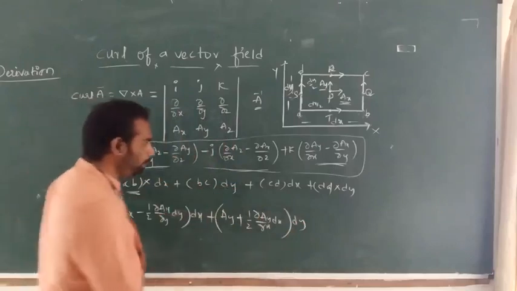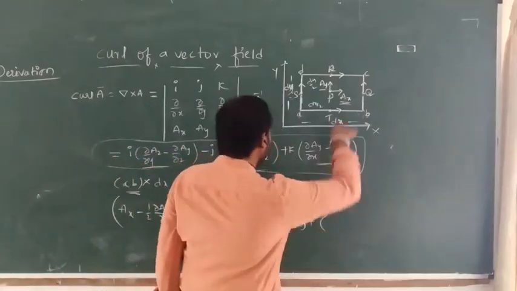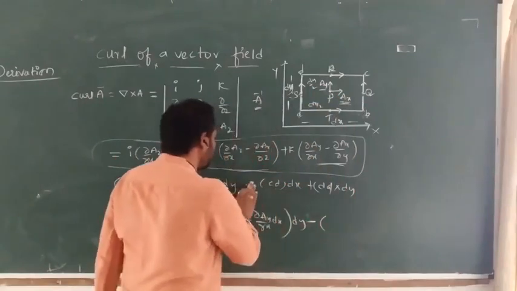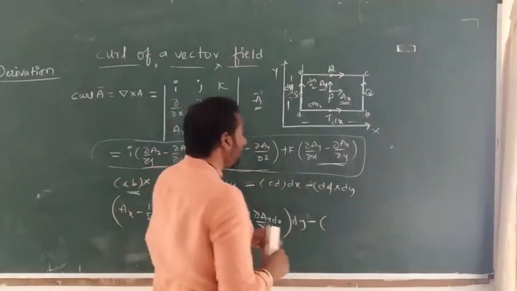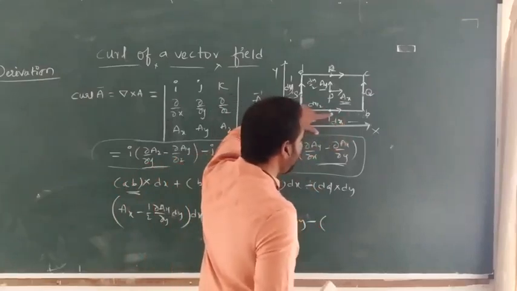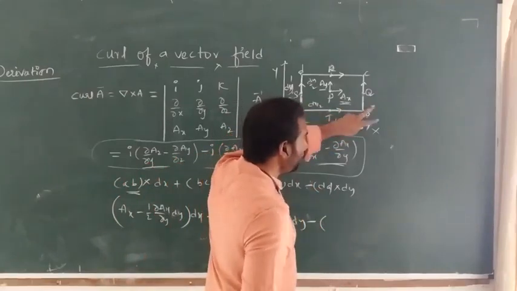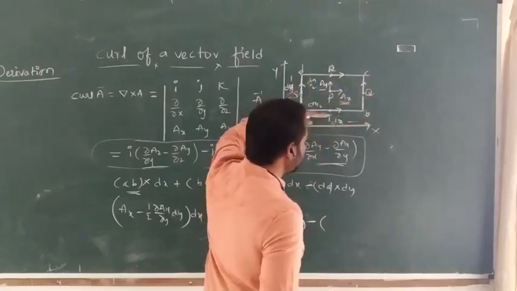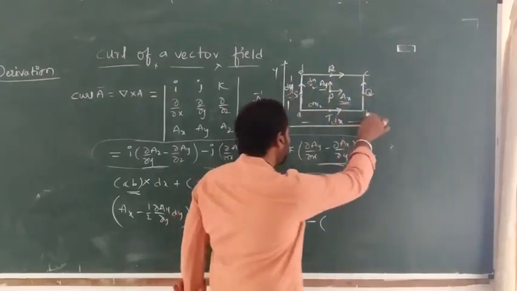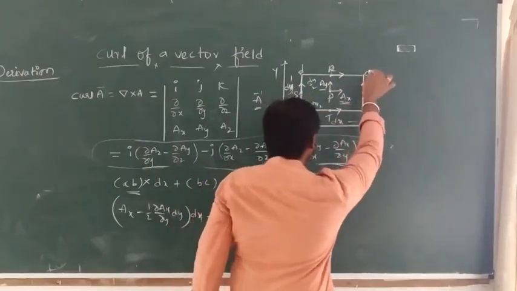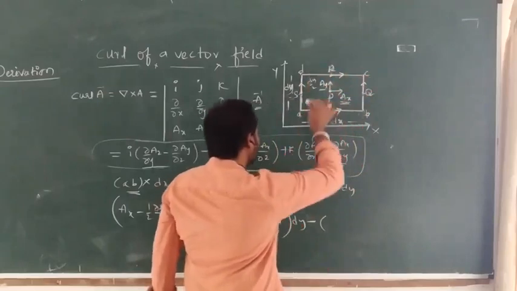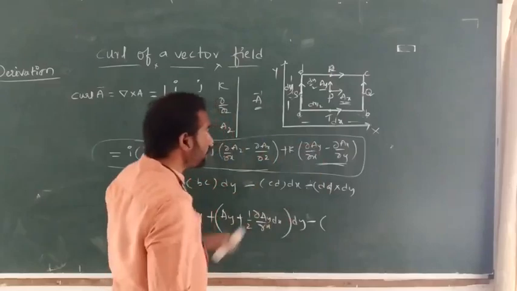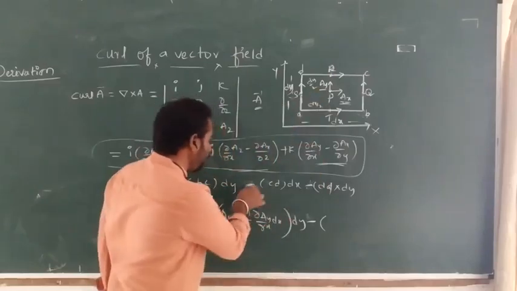Plus along CD, we are taking a minus because the direction from A to B and from B to C is anti-clockwise, but from C to D we are moving in a clockwise direction.